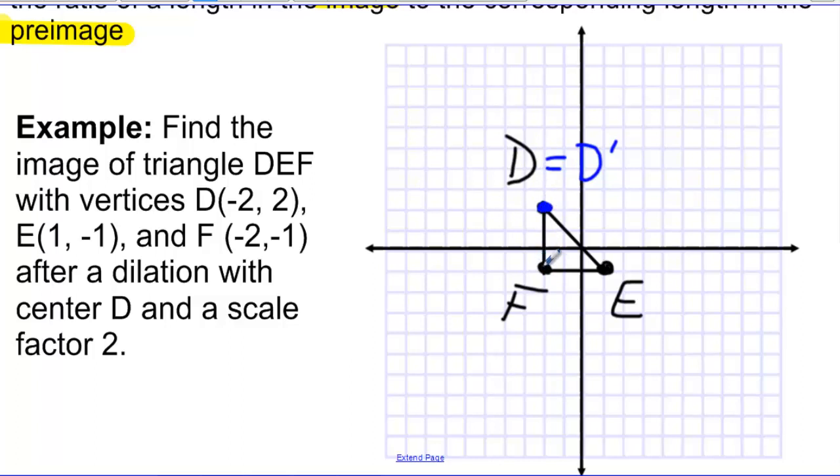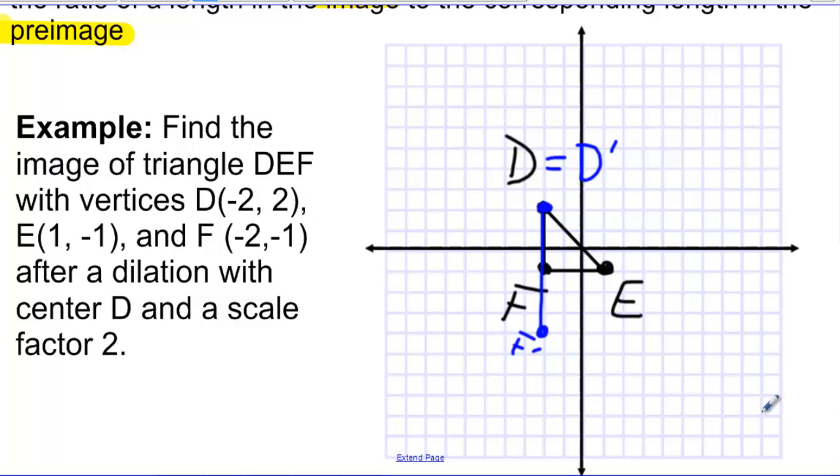So in my image, I need to have a length of 6 because I'm doubling the length. Since D can't move, D prime is the same spot as D, I have to move down 3 more points here. 1, 2, 3. And this becomes F prime. So now if I draw this line in here, you can see that that is twice as long as the original leg length right here.